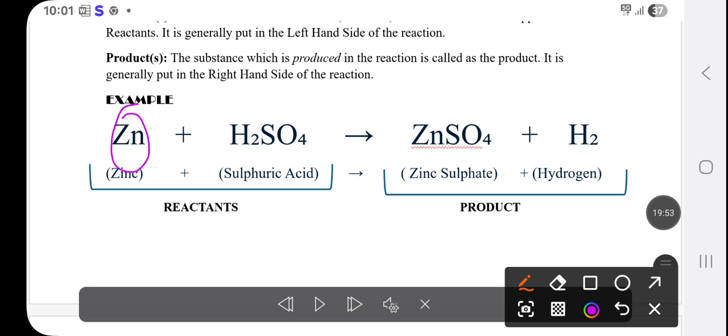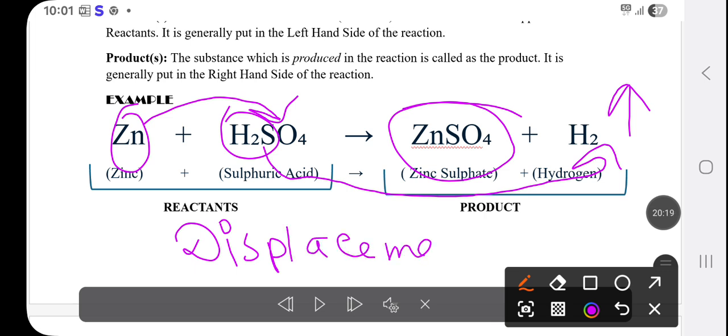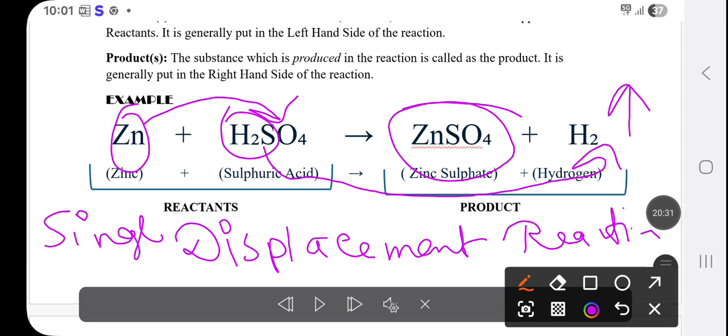Zinc went to SO4, that is ZnSO4, and H2, as there is nothing there, evaporated and became a separate product. This type of reaction is called the displacement reaction. The actual name is the single displacement reaction. We will talk about it in the next session.